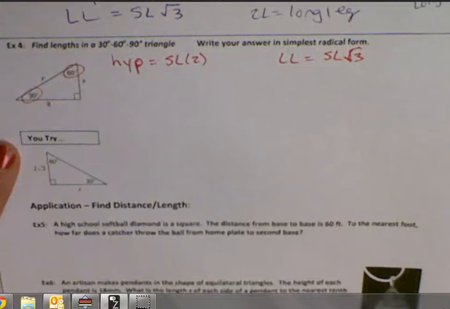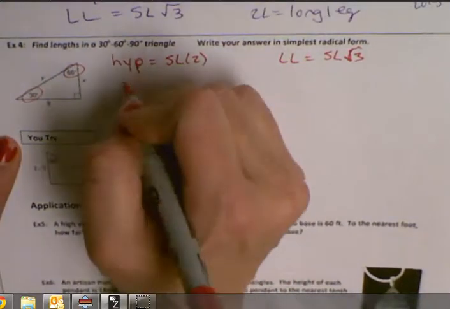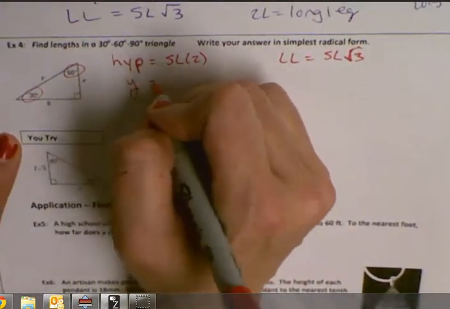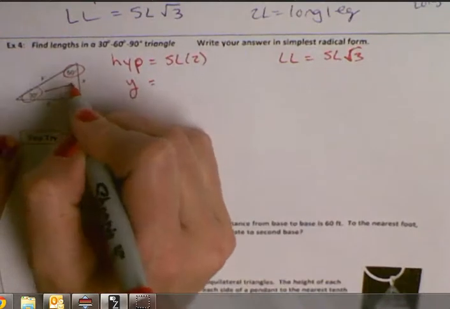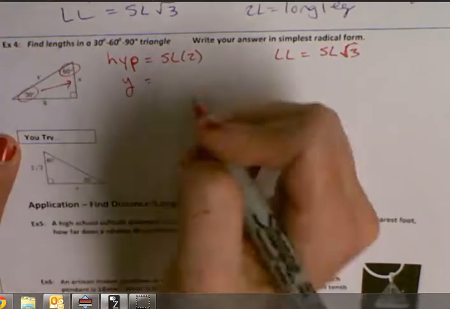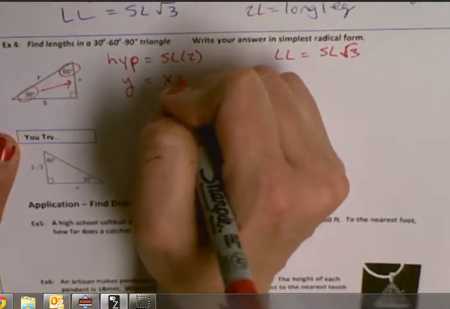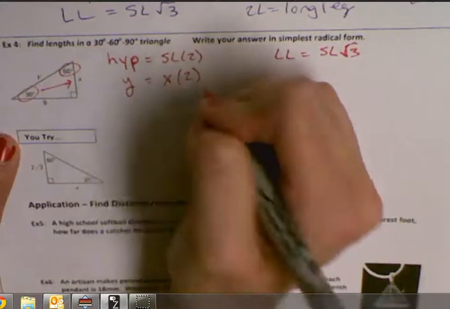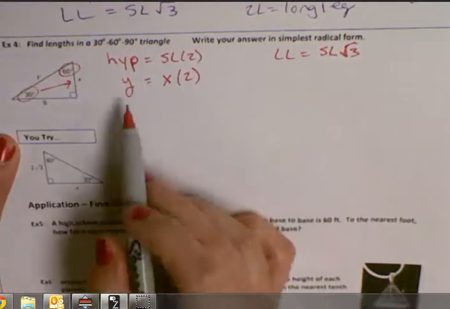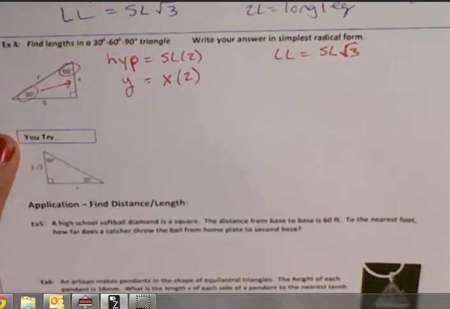So I'm just going to set up the equations first, then substitute in the pieces I know. I know my hypotenuse is y is equal to short leg, which is across from the smallest angle, so x times 2, or 2x. This doesn't help me because I have two variables, so I need to solve for one of these and then substitute it in.